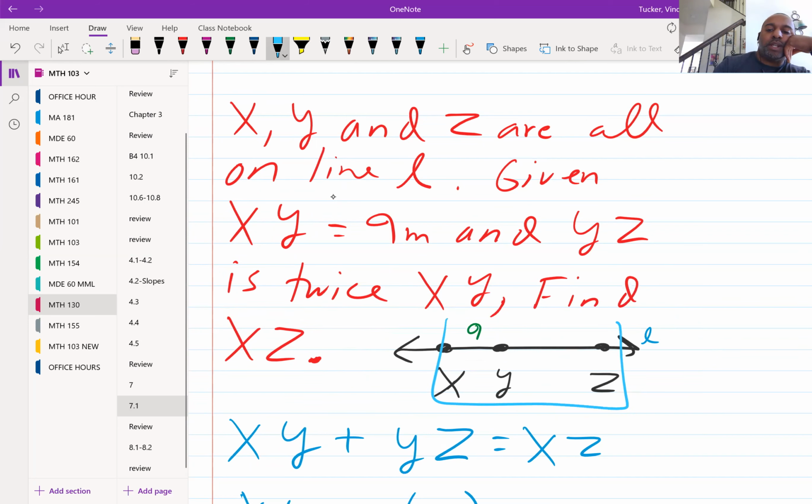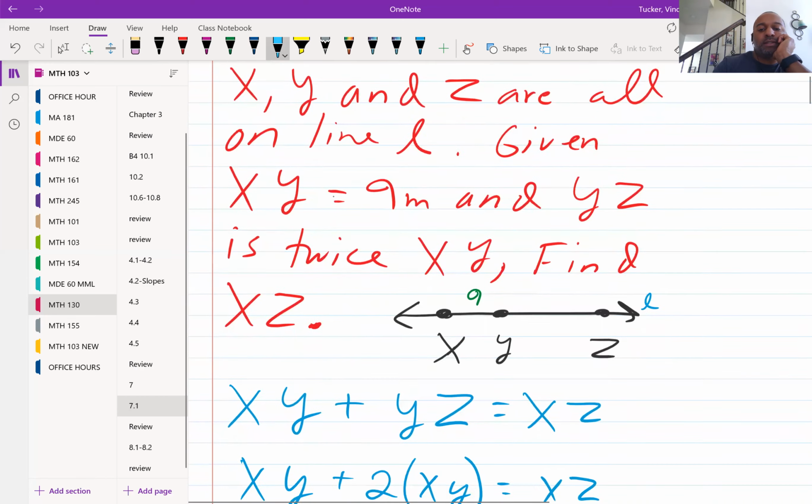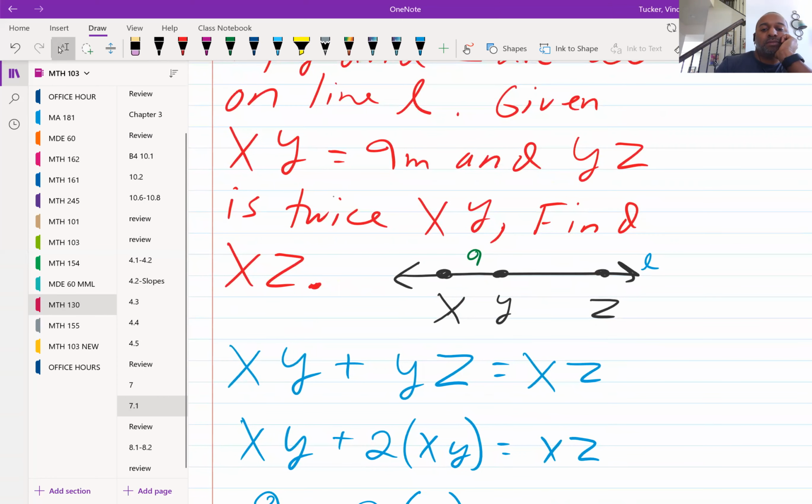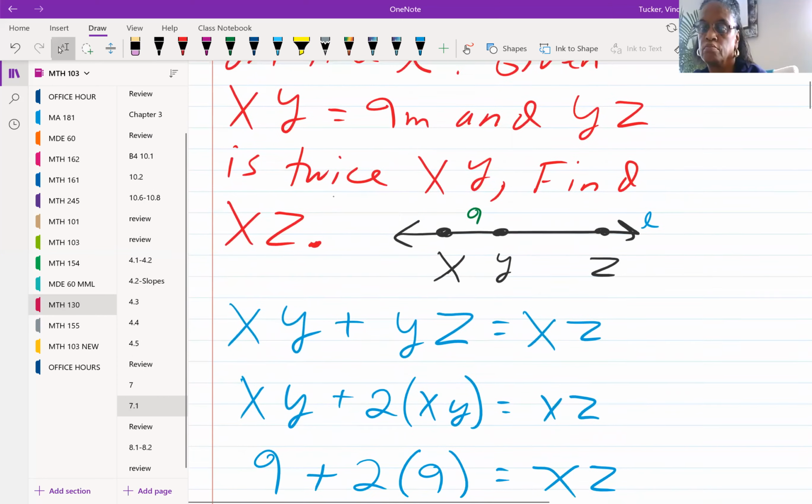This is XZ, and the equation is XY plus YZ equals XZ. XY is 9, and YZ is twice XY, 18, so it's 27.